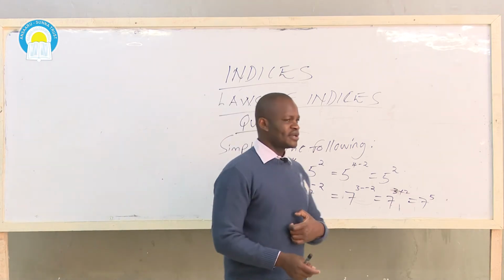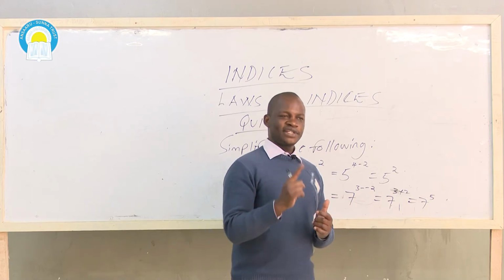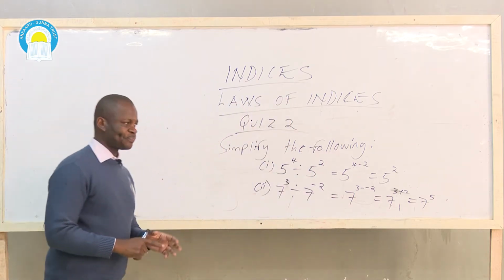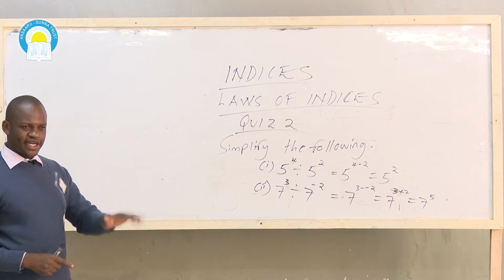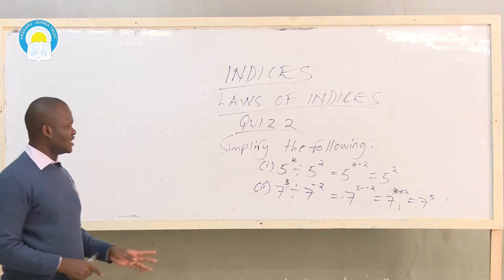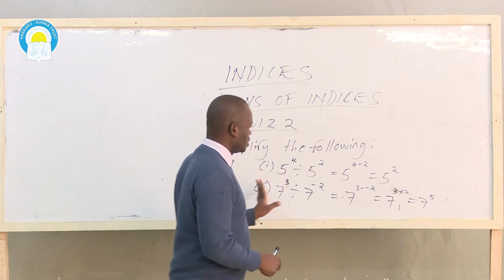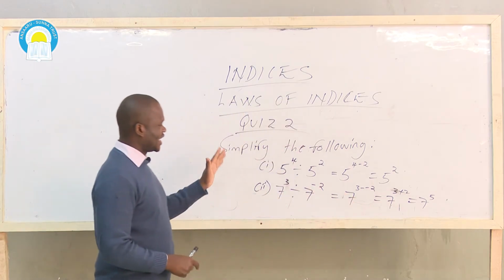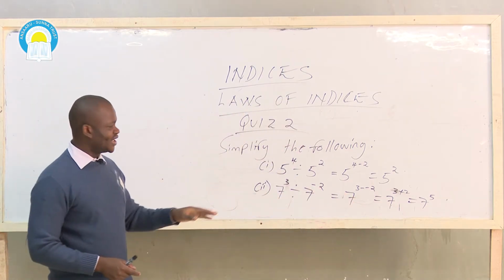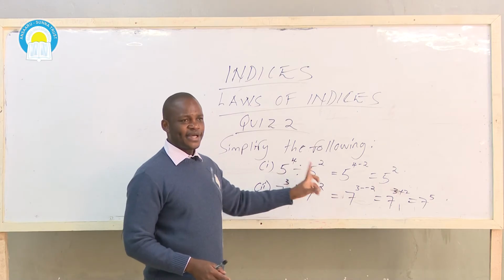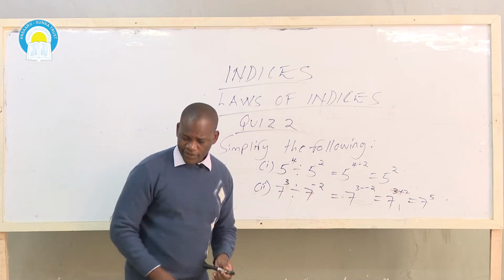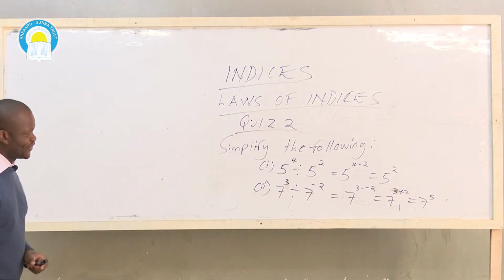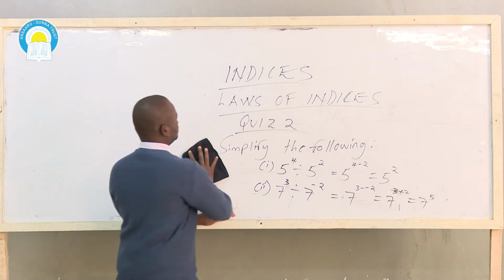So we are done with the first two laws. So how do you recall the first law? It is a law of multiplication having the same base. What about law number 2? Law number 2 is a law of division having the same base again. Now let's go to our third law.